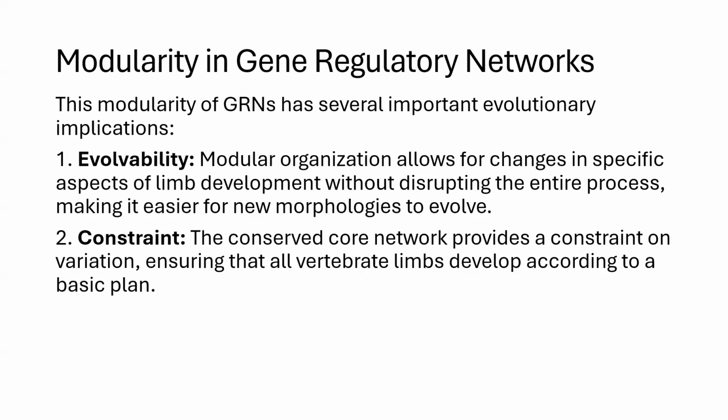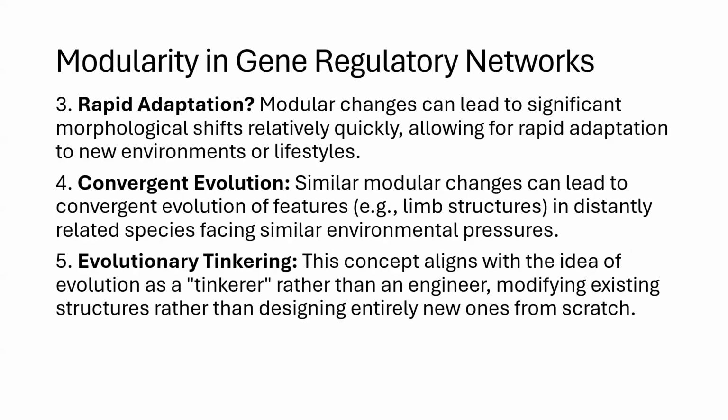We don't see much variation among limbs. If you look at a bat wing and you look at your hand, you can see similarities. If you look at a whale fin, a whale being a land animal that returned to the sea, you can see the 5 digits. And so inheritance by descent with modification is done via the constraint that occurs due to modularity in gene regulatory networks.